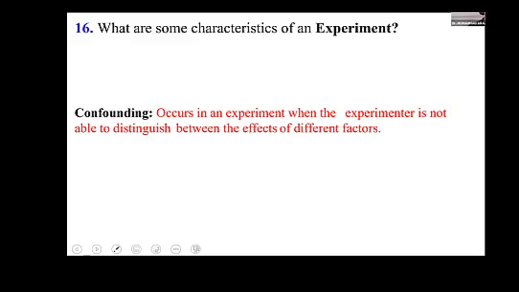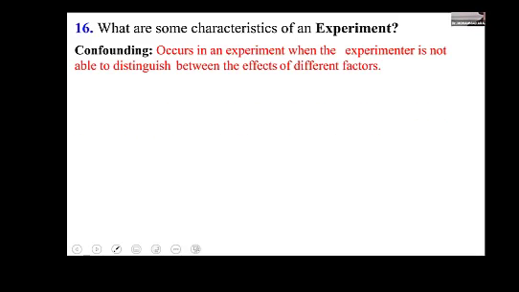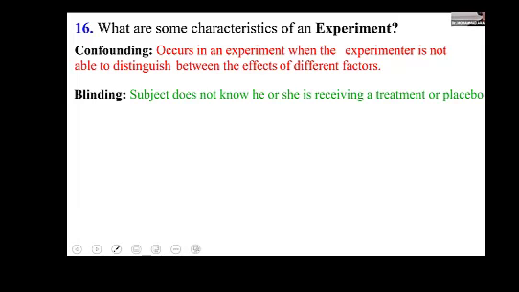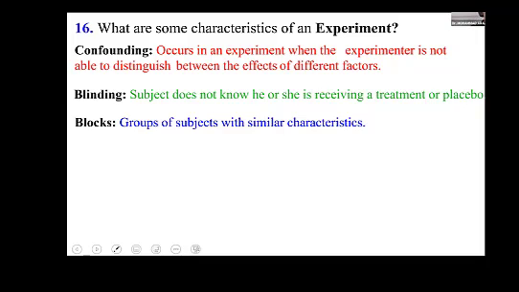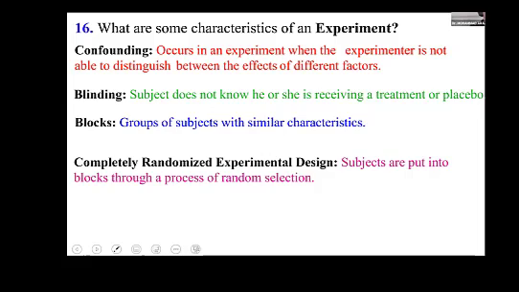What are some characteristics of an experiment? Confounding occurs in an experiment when the experiment is not able to distinguish between the effects of different factors. Blinding subjects: the subject doesn't know he or she is receiving a treatment or placebo. Groups of subjects with similar characteristics are called blocks.